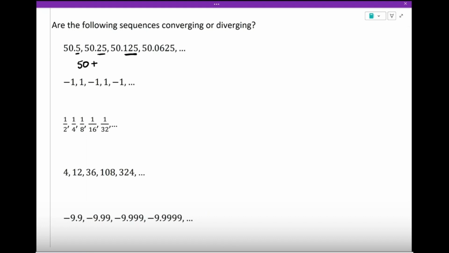That value is never going to become negative, so we're never going to dip below 50. We're never going to end up with 50 subtract a value. What this means is we're just going to get closer and closer to 50 as we go on. So this would be converging, and we would say that the limit of the sequence is equal to 50.